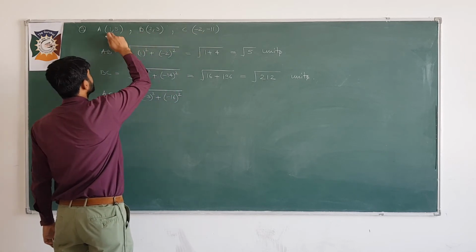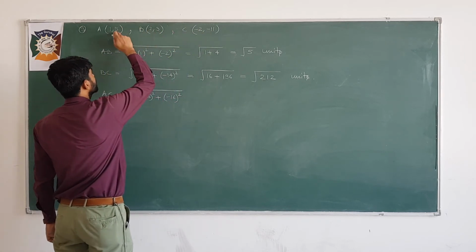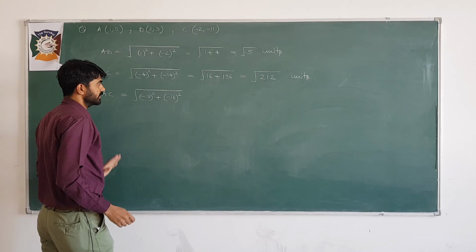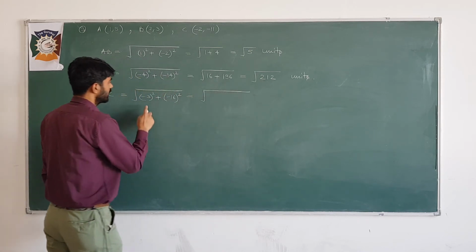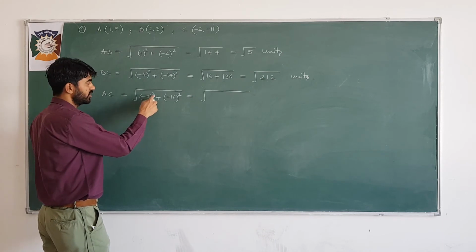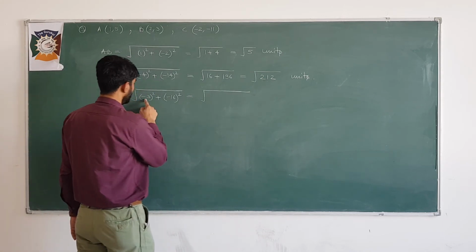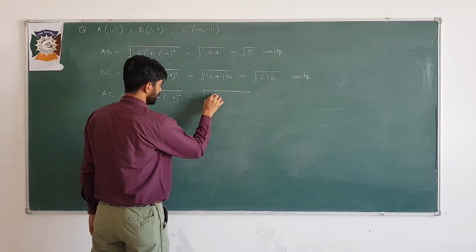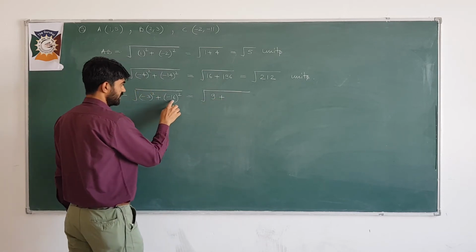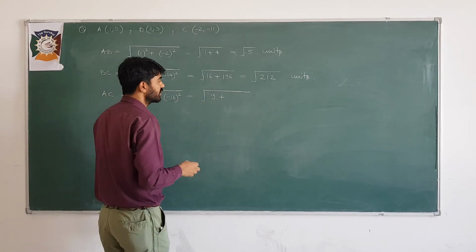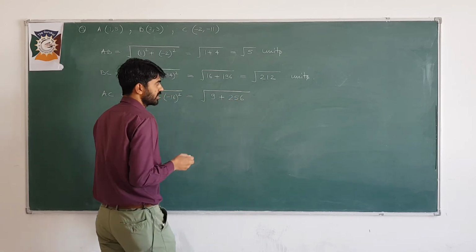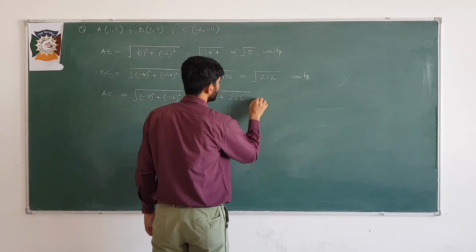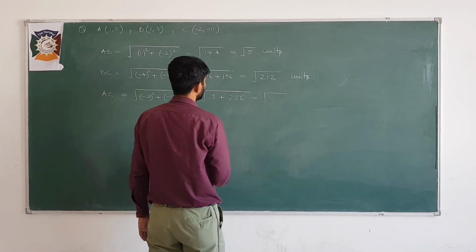This formula I am applying here. So it is equal to root over, minus 3 squared will be 9, plus minus 16 squared, it will be 256. Now if I add them, it will be root over 265 units.